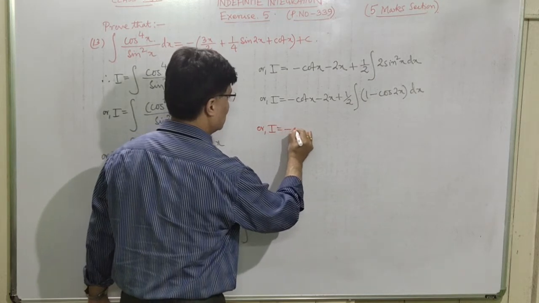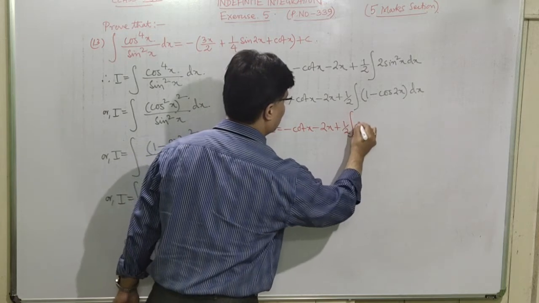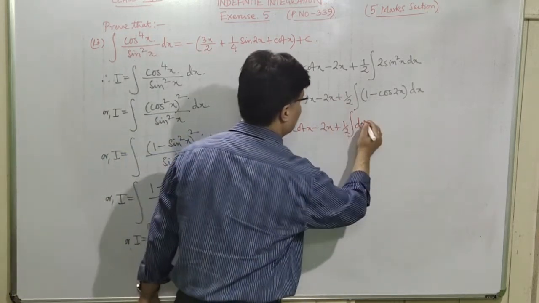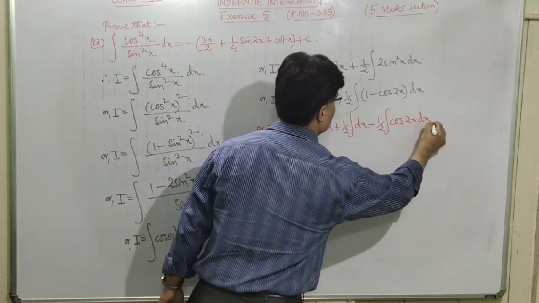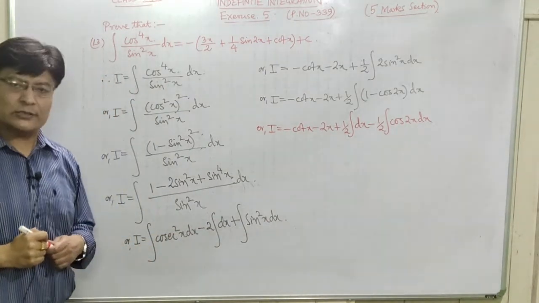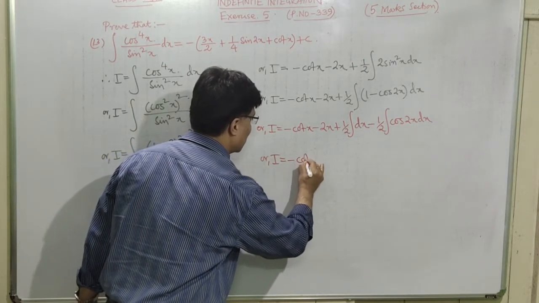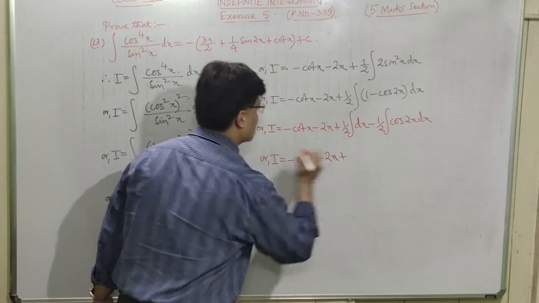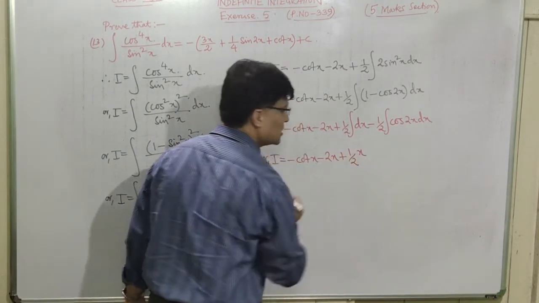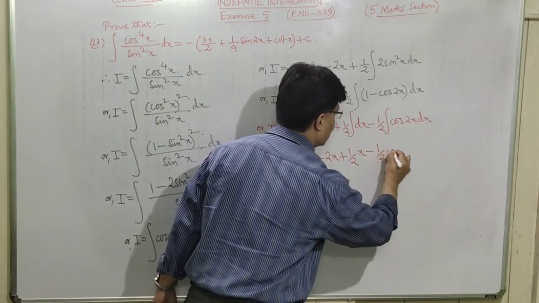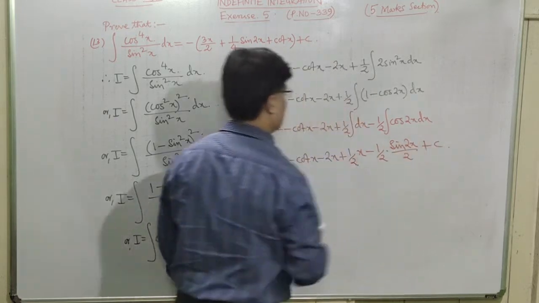I is equal to minus cot x minus 2x plus half integration of dx, plus and minus half integration of cos 2x dx. Understood now? So next, I is equal to minus cot x minus 2x plus half x, since half is a constant and integral dx is x, minus half into, what is integration of cos 2x? sin 2x by 2, plus c.